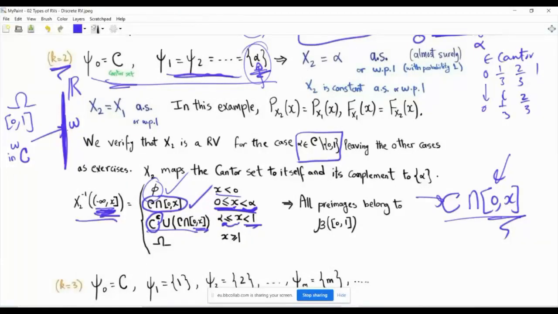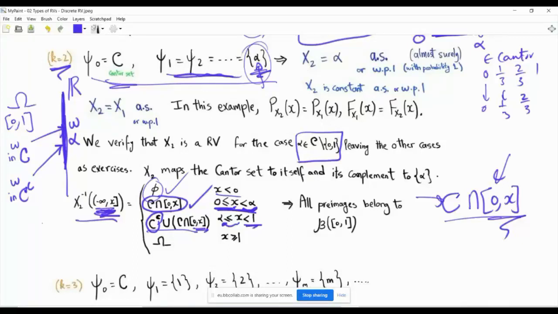If omega is in the Cantor set, it is mapped to omega. If omega is in the complement of the Cantor set, it is mapped to alpha. So in the complement of the Cantor set, all those elements are assigned the same alpha. The elements of the Cantor set, each one is assigned to itself. So 0 goes to 0, 1/3 to 1/3, 2/3, whatever number is in the Cantor set is mapped to itself.